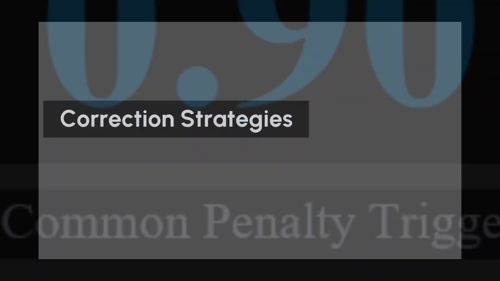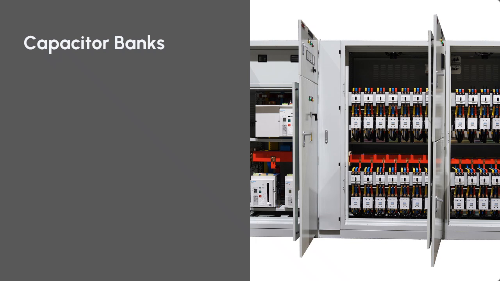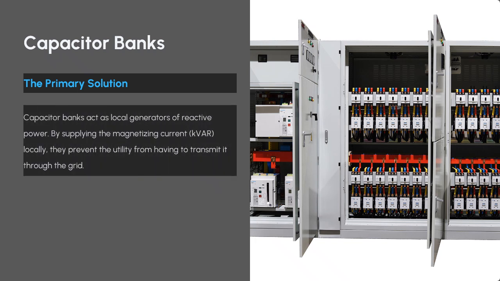Correction Strategies. So, how do we fix this? The answer lies in power factor correction. Capacitor banks. The primary and most effective solution is the installation of capacitor banks. Inductive equipment creates lagging reactive power, kVAR. Capacitors create leading reactive power, which effectively cancels out the inductive lag.